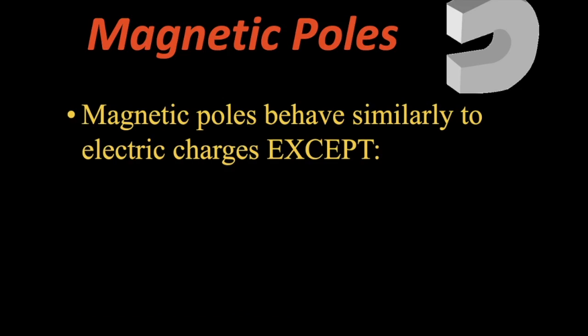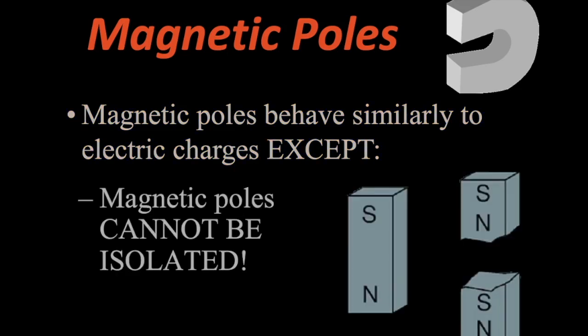Magnetic poles behave similarly to electric charges except for a few cases. Magnetic poles cannot be isolated. So you can't just cut a magnet in half like you have on this big one right here, because then you're just going to end up having the charges split, where now that bottom half is going to have its own north and south, and vice versa.